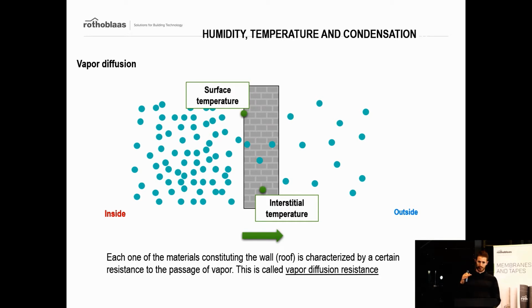Passing through the wall buildup, it is going to encounter zones with different temperature, and we just explained before that when the vapor contained in the air reaches a certain temperature, which is about 13 degrees usually, it can condensate. So we don't want our vapor to condensate on the surface, neither on the surface or on the inside of our wall, for example.